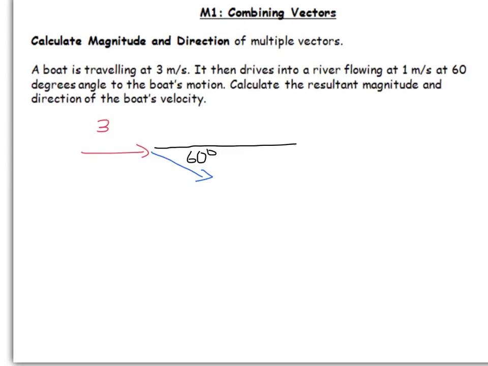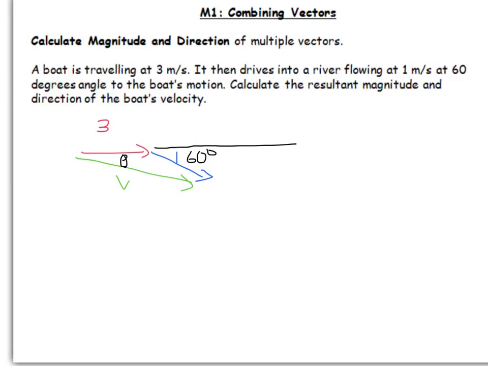What we want to find is the resultant V, and we also want to know what this angle in here is, theta. And let's add in that it is travelling at 1 there.